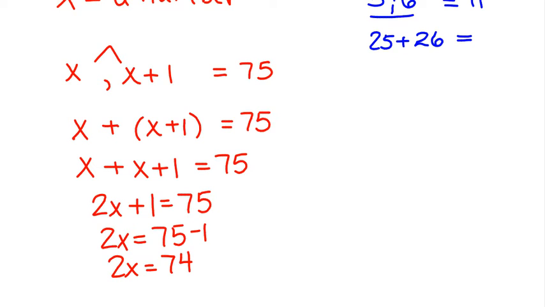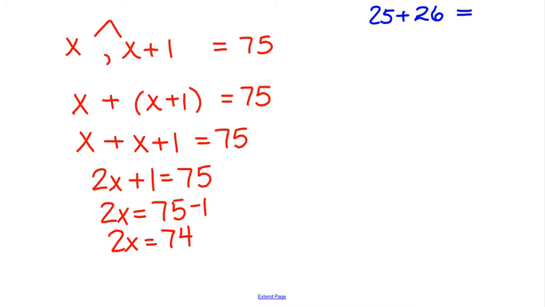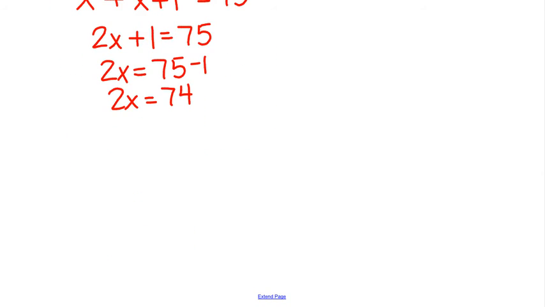So 75 minus 1 is 74. Then we're going to undo the 2. To undo the 2, we're going to divide both sides by 2. Then we'll simplify that.